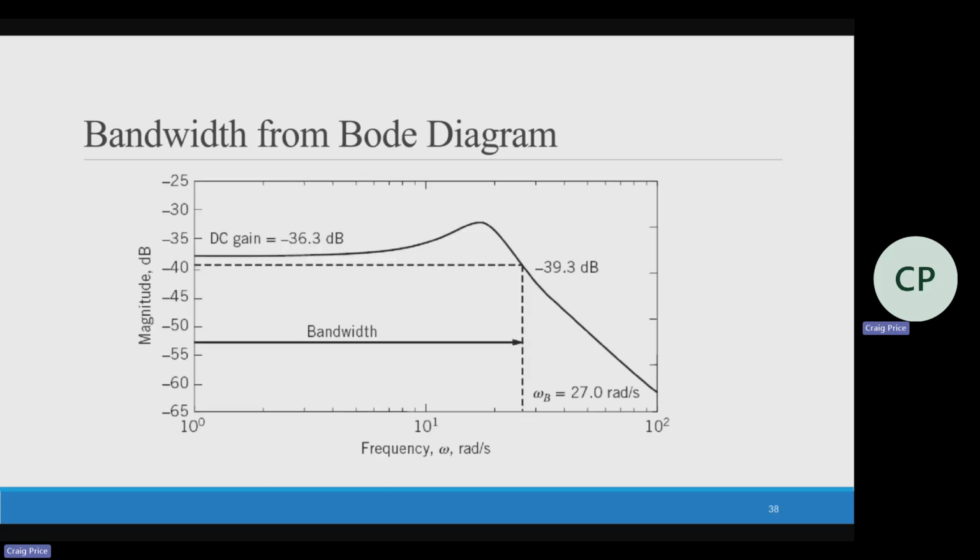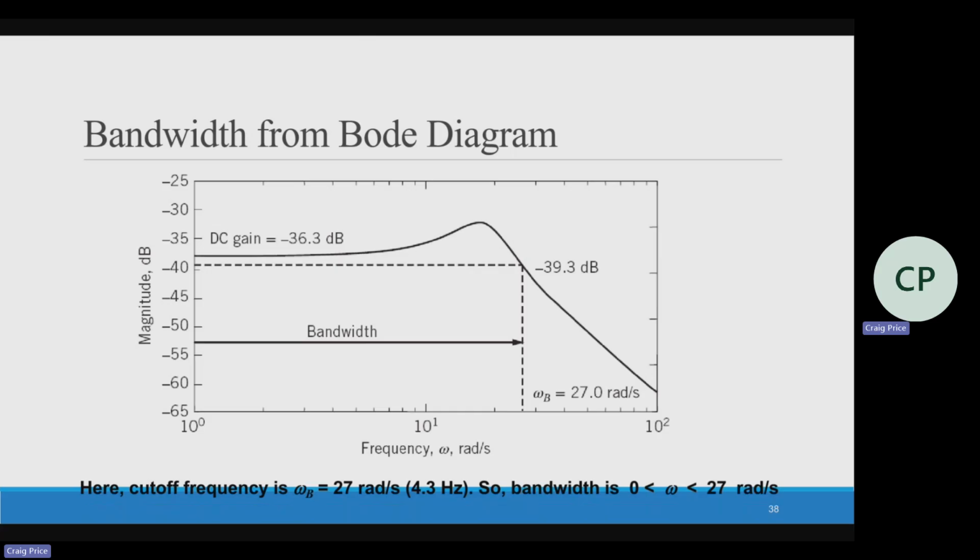For example, if this is my Bode plot, to find the bandwidth or the cutoff frequency, I start here. So let's say DC gain is negative 36.3. We're going to drop it 3 decibels. So that's negative 39. And then we trace it to, or you use MATLAB to figure out, what is that frequency? That's our cutoff frequency. So it's not the same as the corner frequency, which is here, the natural frequency.